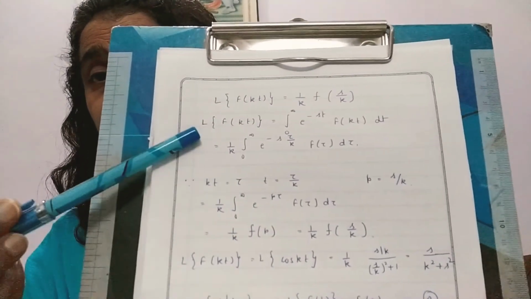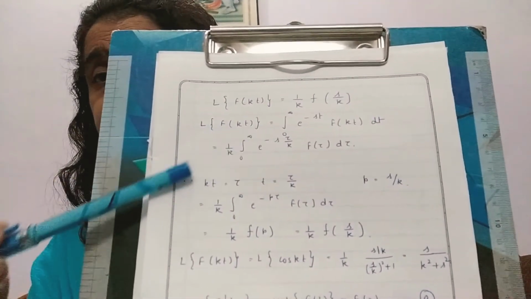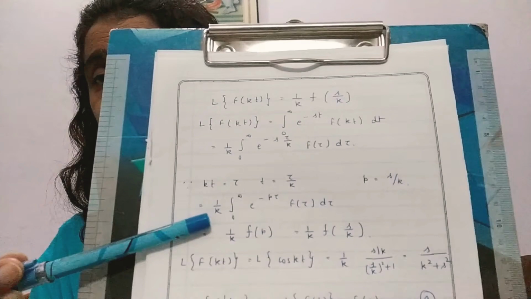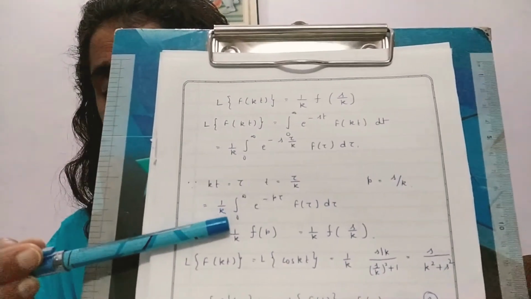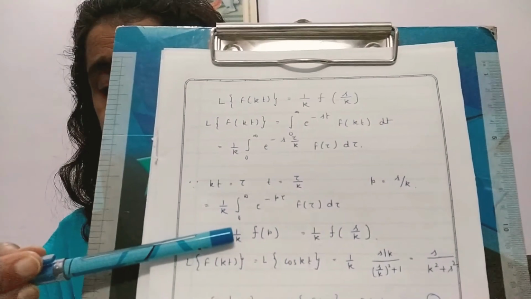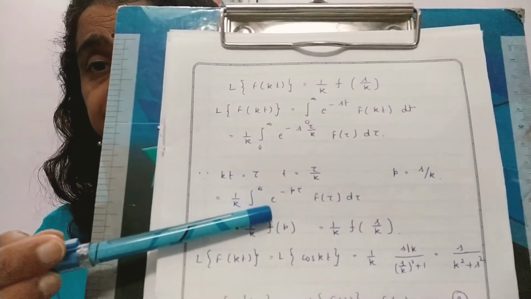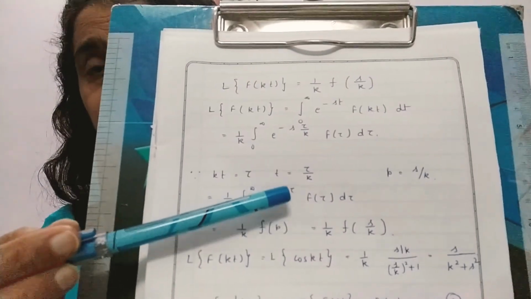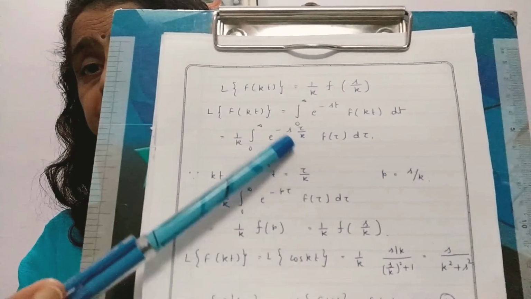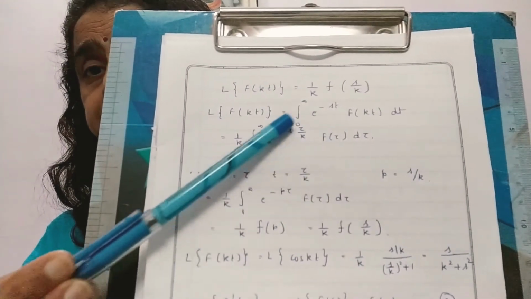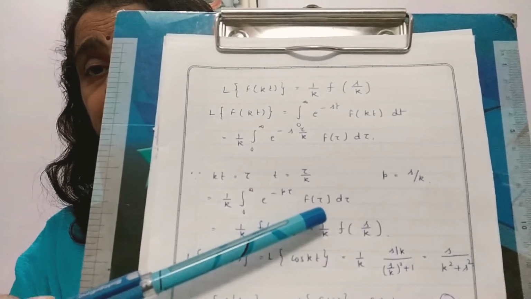So the Laplace transform of this function will give us the value, on the right hand side, 1 upon k integration from 0 to infinity exponential of minus p tau, f tau d tau.